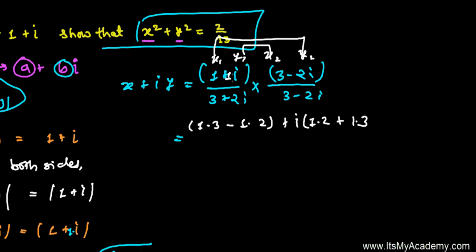Here I'm using 1 because the coefficient is 1. And now divided by a plus b times a minus b, so it's a square minus b square.